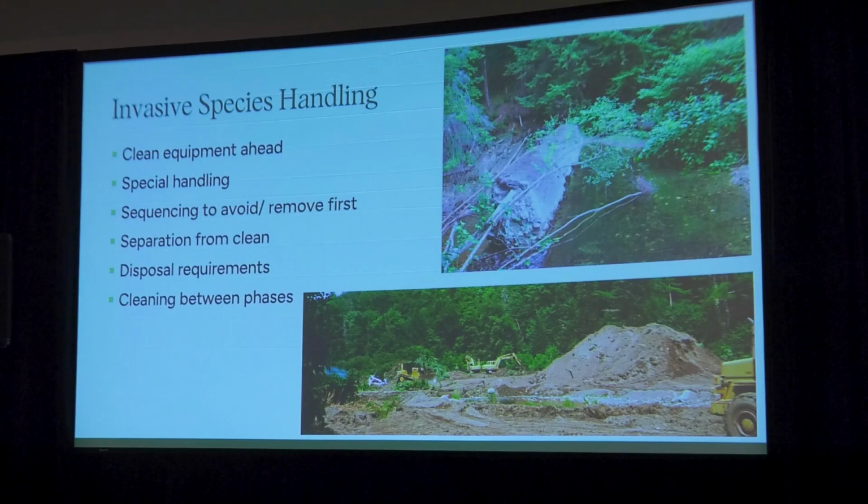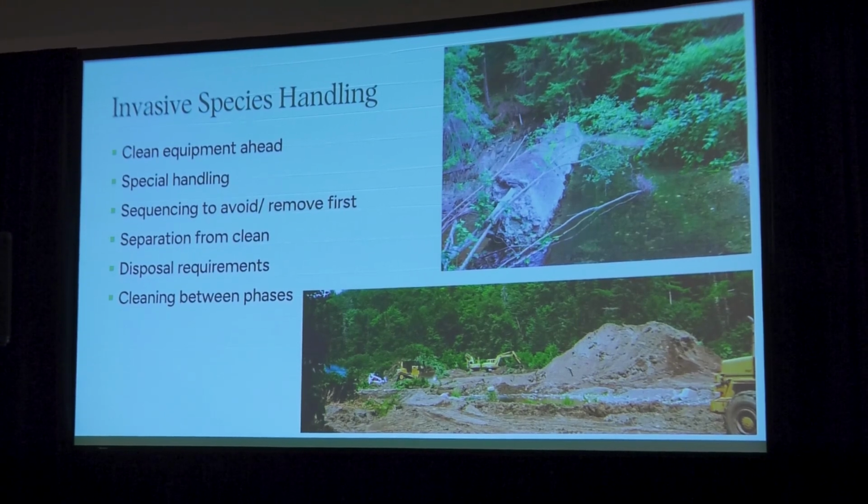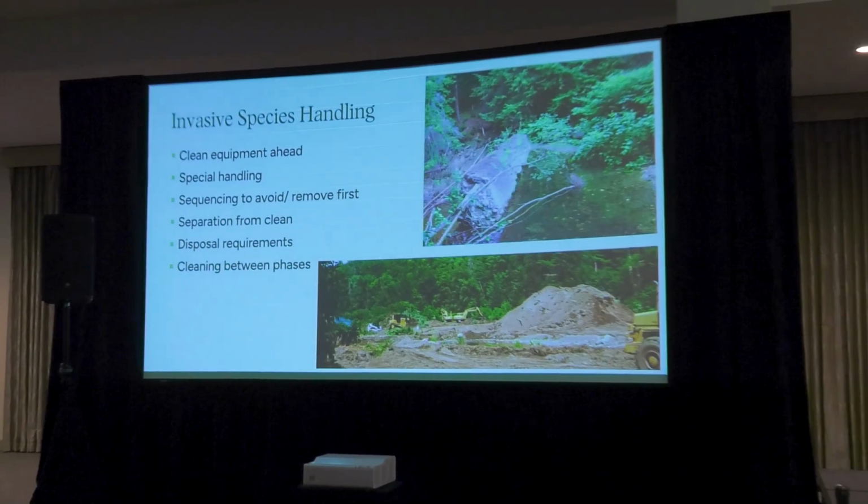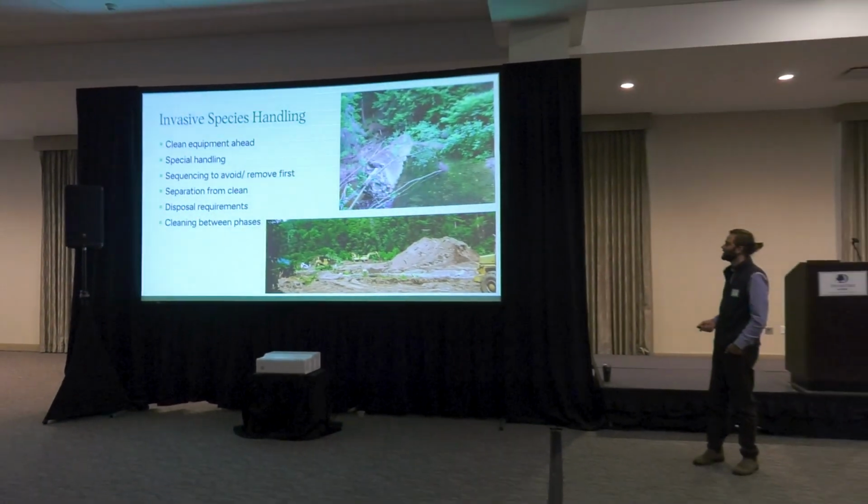Invasive species handling. I think we never come to a site and don't find invasive species, typically, right? There's often Japanese knotweed, Phragmites, there's something that we have to deal with that's in the work area. And we always include notes on our plans about how to handle it, how to dispose of it, how to not move it around, track it around the site, or as Jessica mentioned, even potentially bringing it into the site from another location.